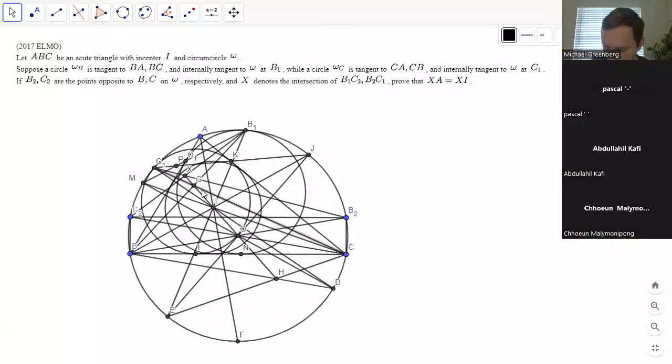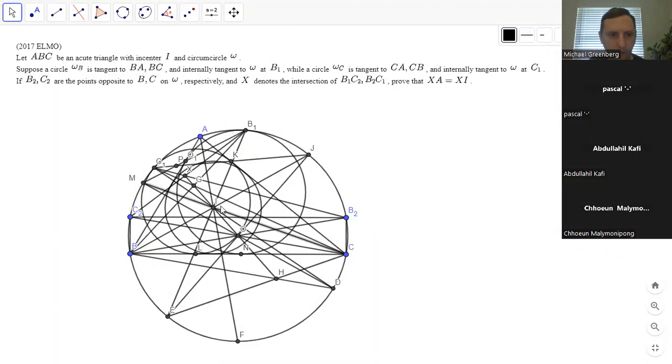P1G, that means that PG and I are collinear.